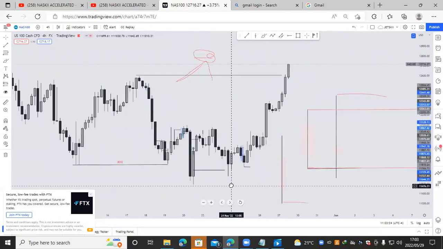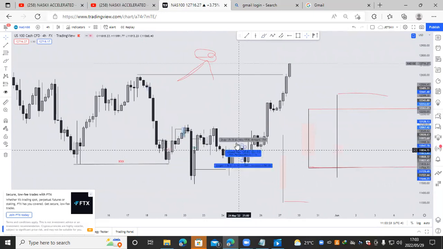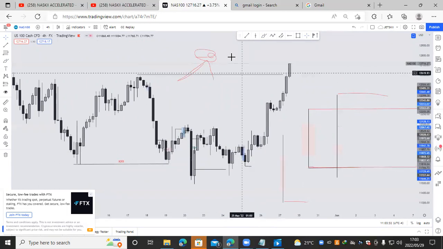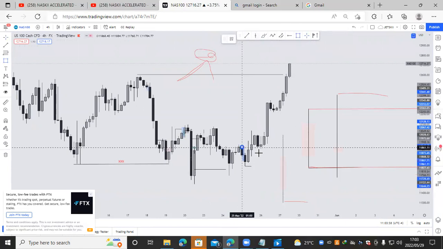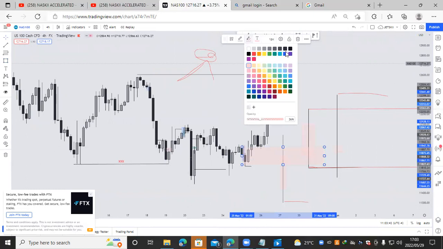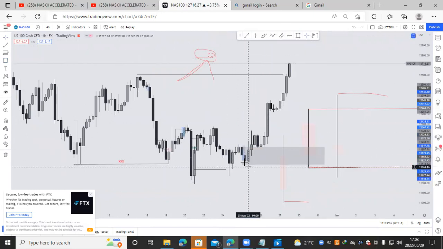Now, normally you see those two down candles on a higher time frame, that's your zone. It's a demand zone. On daily, maybe it's one candle, so it's a zone.